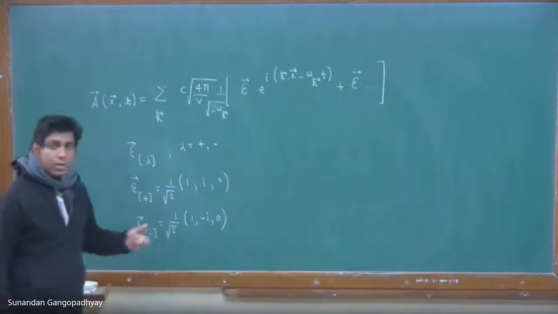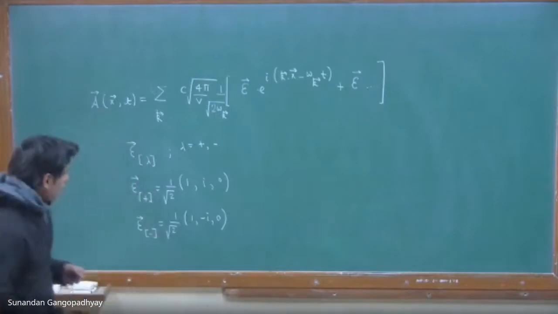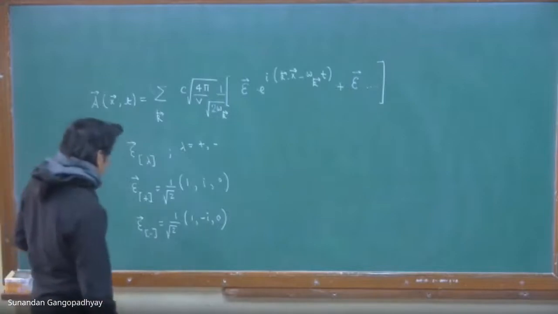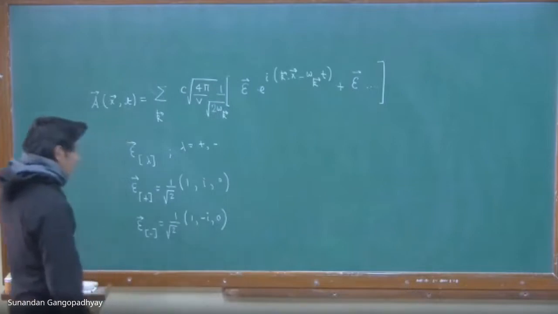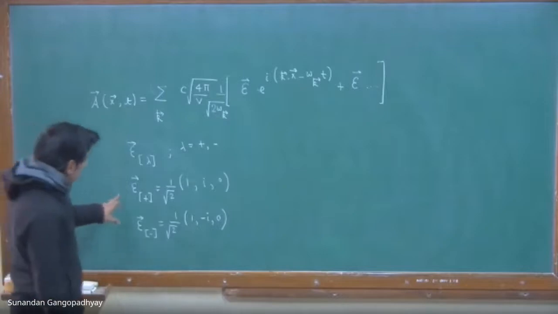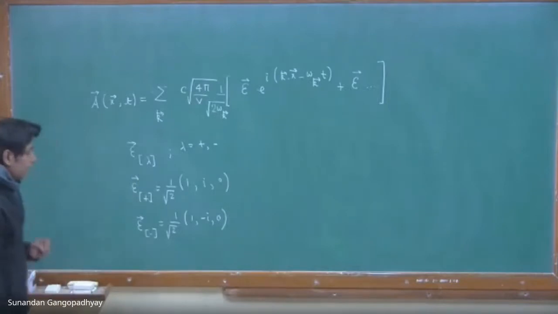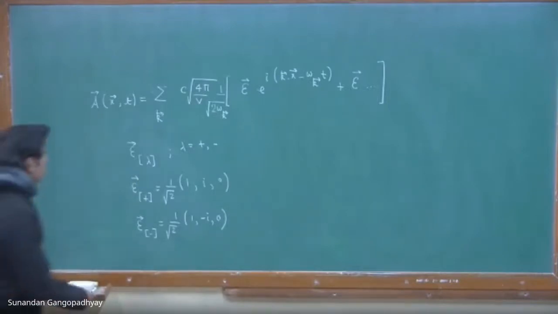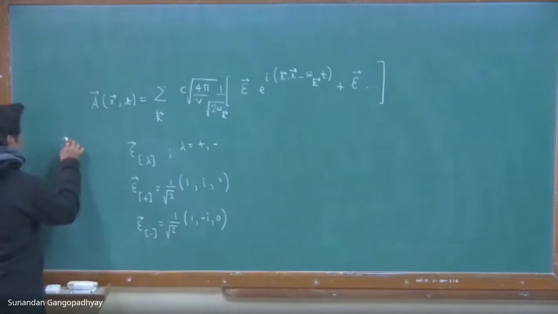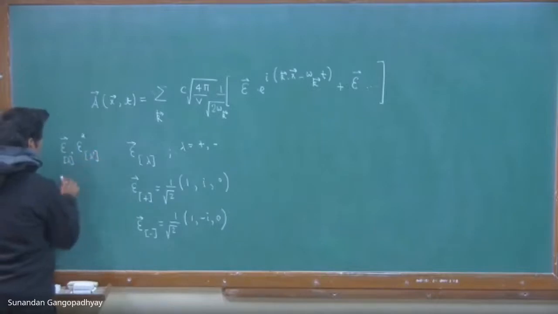We have not yet gone to the photon picture of the electromagnetic wave, but here what will happen is that these two independent states of polarization will correspond to the angular momentum projections of the mean angular momentum of the photon along its linear momentum. And we also noted the following: epsilon vector lambda dot epsilon star lambda prime is equal to delta lambda lambda prime.